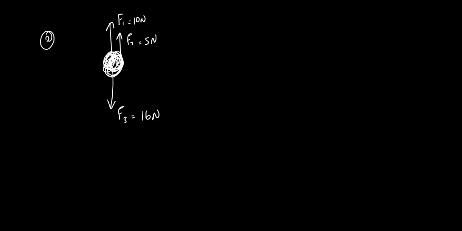Okay, that's good. Let's actually calculate to find out. So our F net is going to be F1 plus F2 plus F3. However, we must choose direction. So we're going to choose those that are going up to be positive. But remember, the reason why we're adding them is because they're acting in the same plane. All of them are acting vertically.